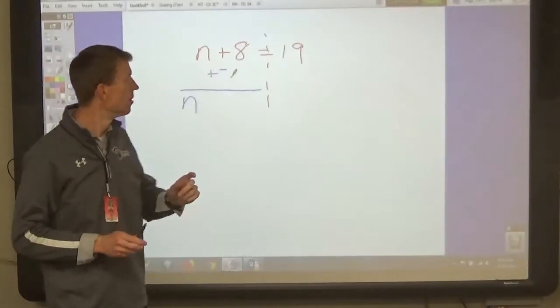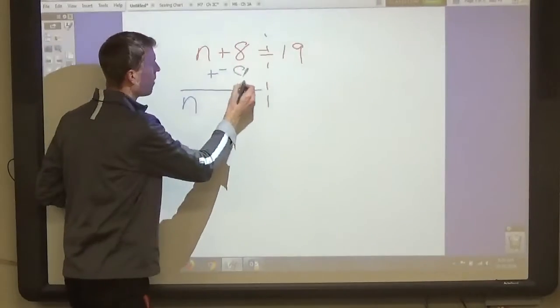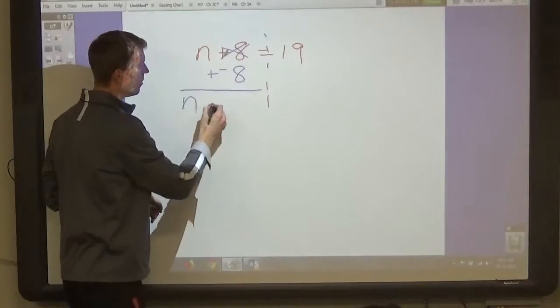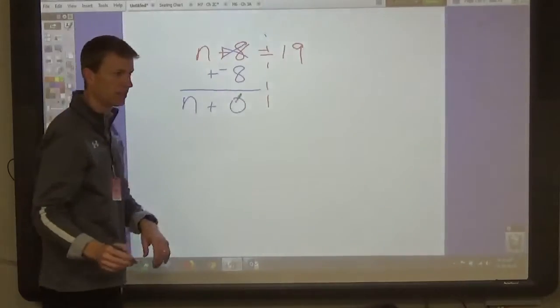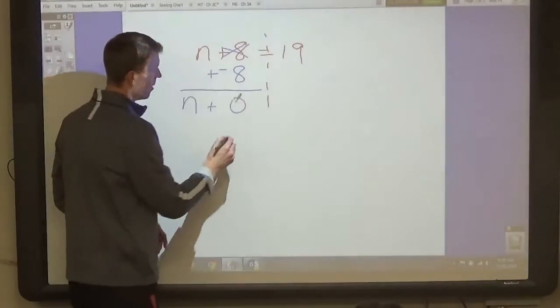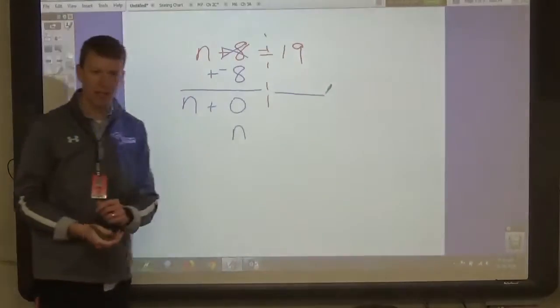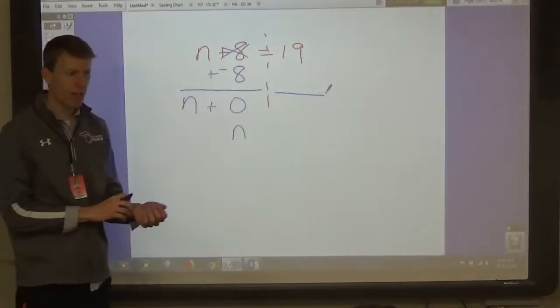Concentrate and follow along. So we have to add negative 8 to get rid of this 8 on the left side, so that it says n plus 0. And that gives us the value of n. And we should do the same thing on the other side, right? What should we do then, Matt?